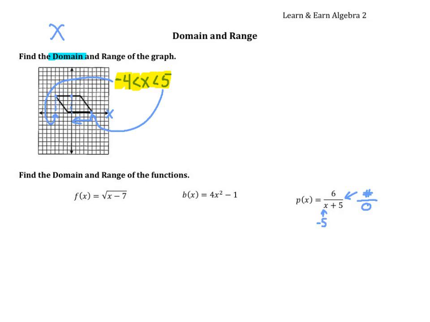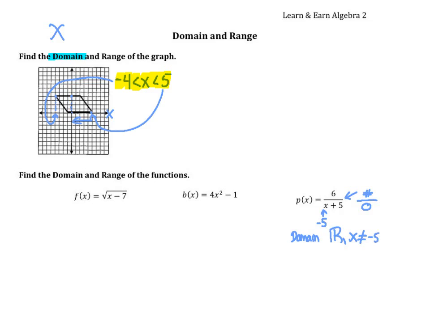Well, that would be -5. Because you have -5 plus 5, that would be 0, and you can't divide by 0. So you're going to say that your domain is all real numbers except x cannot equal -5.